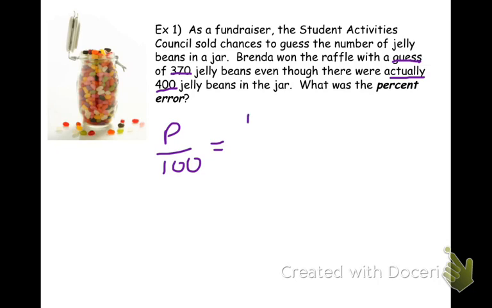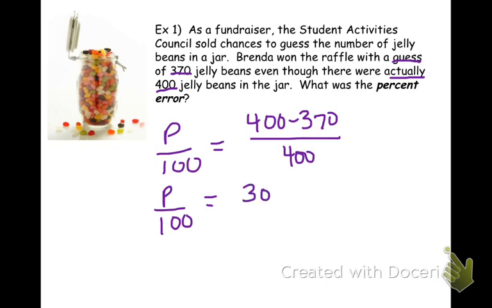And we would subtract 400 minus the 370, and remember that this difference from the guess and the actual will be all over the actual value, which in this case is the 400. So we can simplify.